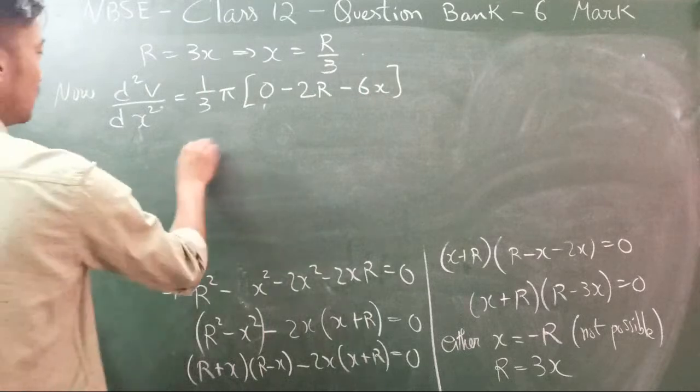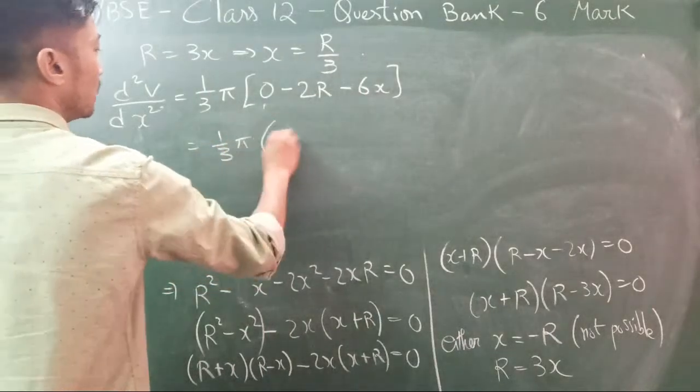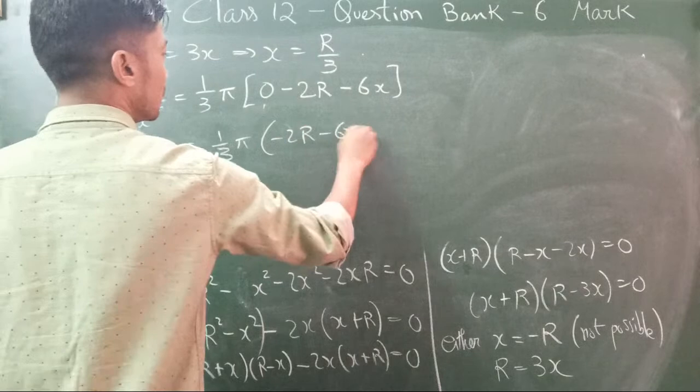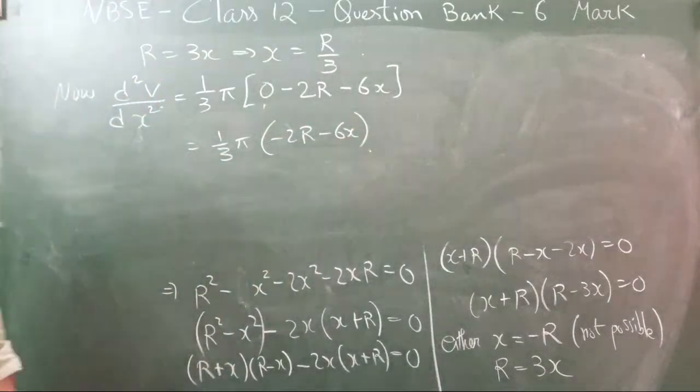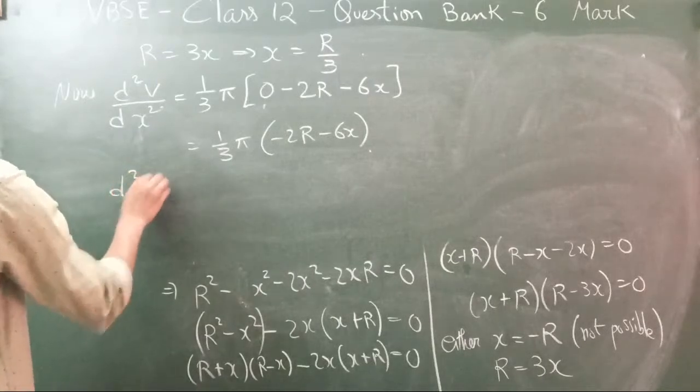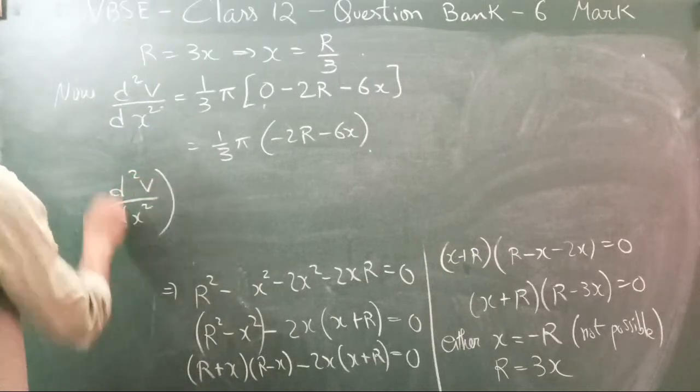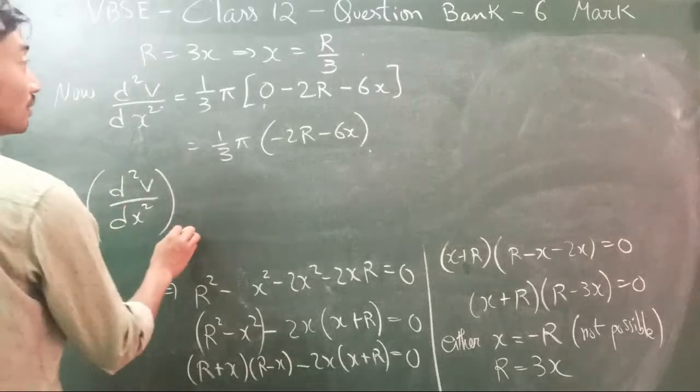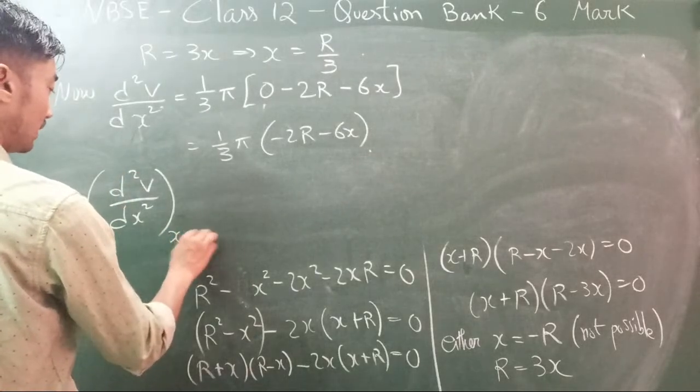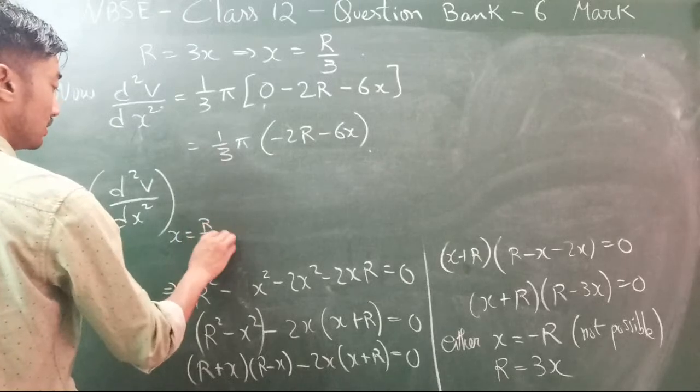So that basically leaves us with 1 by 3 pi minus 2r minus 6x. So now our job is to check the value of the second order derivative at x equal to r by 3.